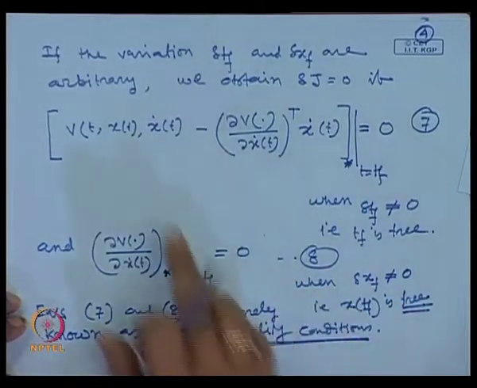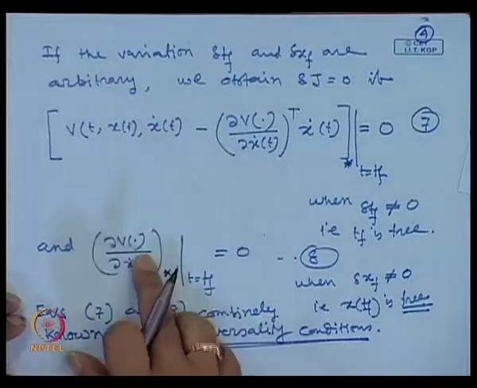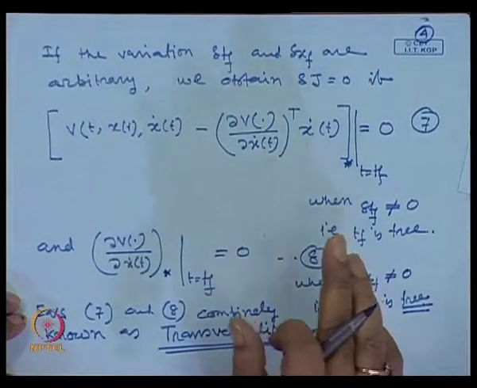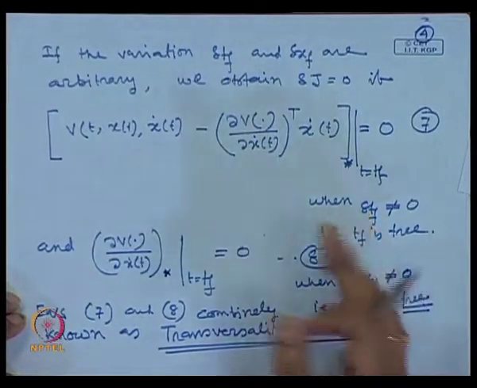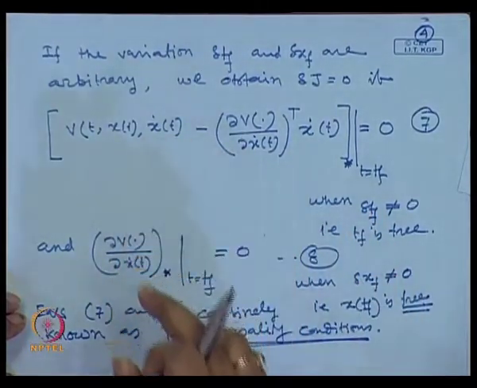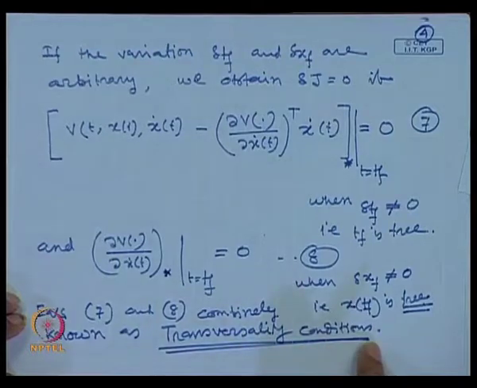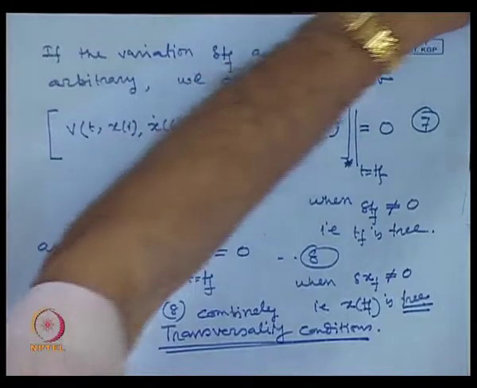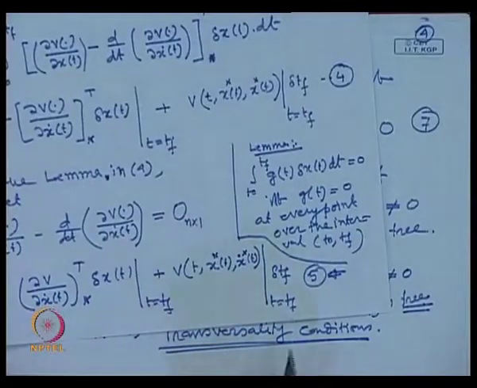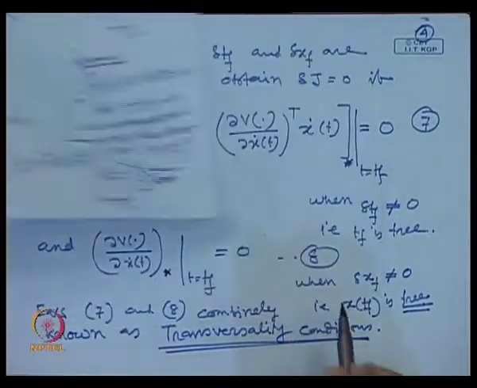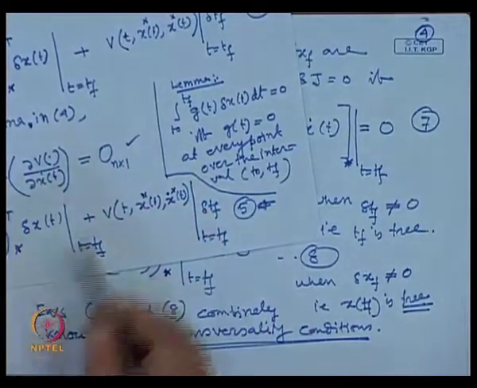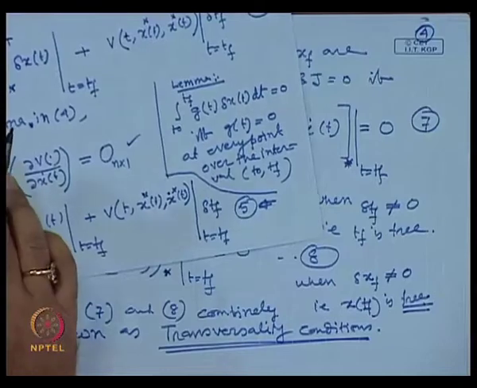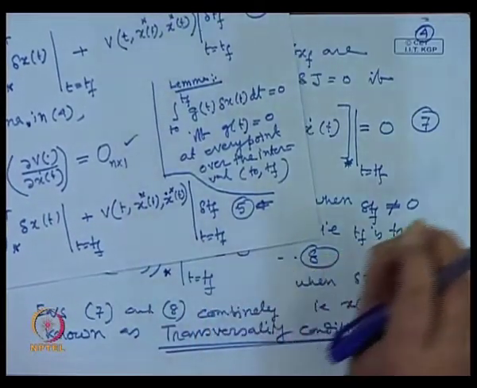In addition to this, there are two conditions when both the points, that means time and x of T f, are free. Then these two conditions must be satisfied. Those conditions are called transversality conditions, and this is the condition, equation 5, agree, that must be satisfied. So, one end is fixed, the other end is free.